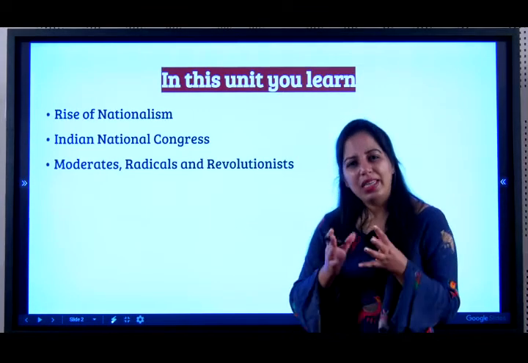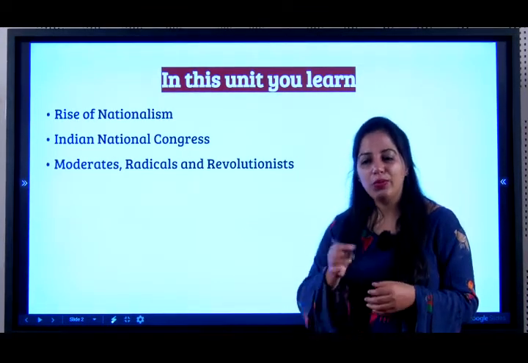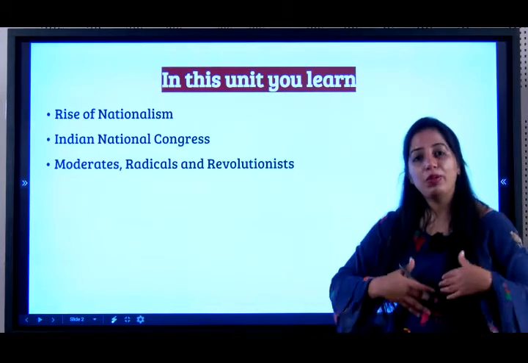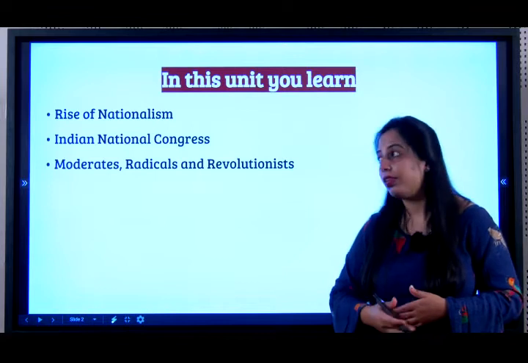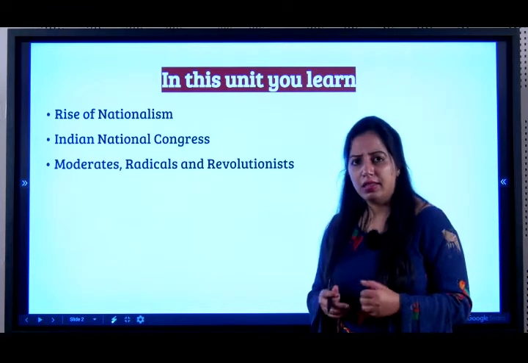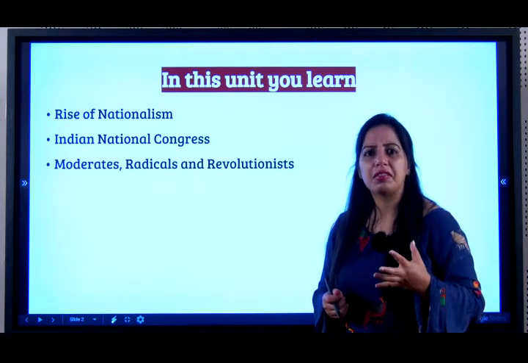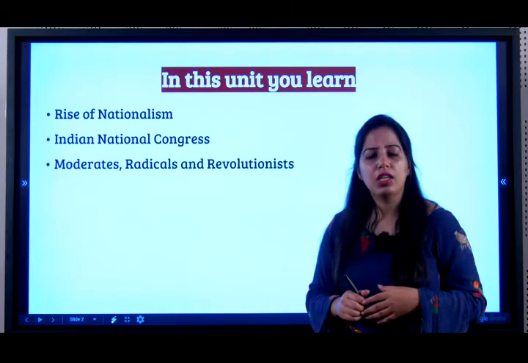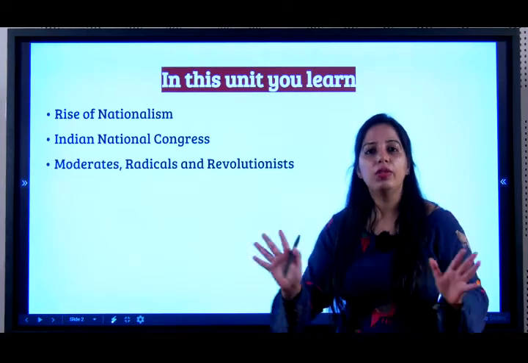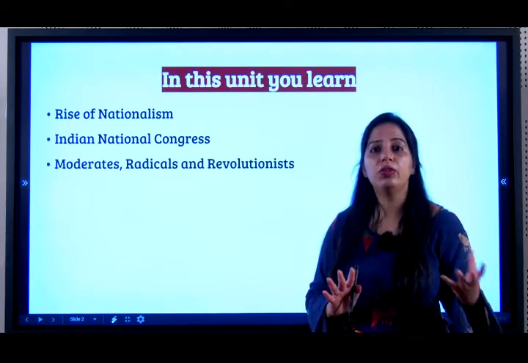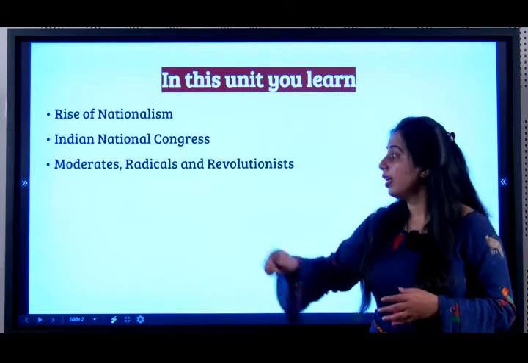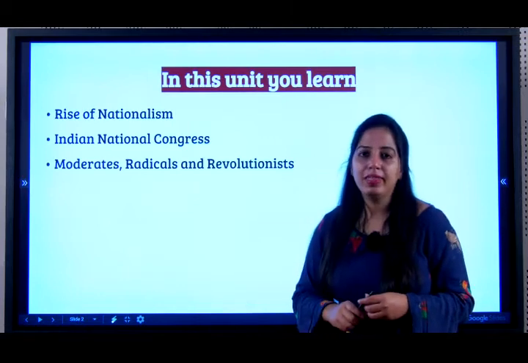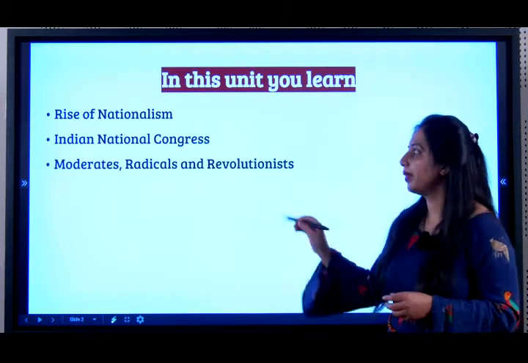Moderates would take moderate measures, like signing petitions, being very non-violent, and talking to the British to solve it. The radicals want to have aggressive protests, and the revolutionaries are open to taking violent ways to bring the British rule to an end.